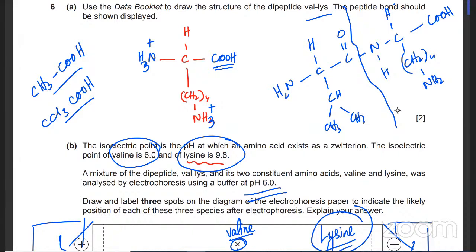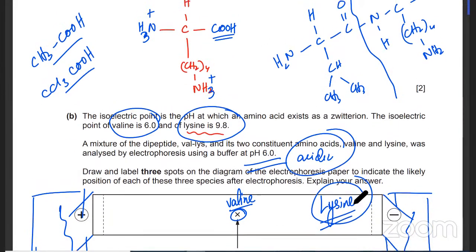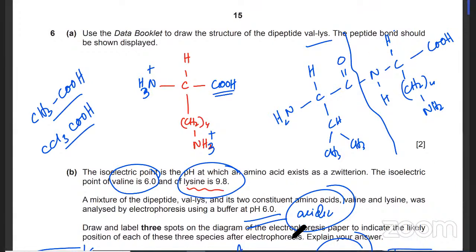Since the pH is 6, they didn't give us the isoelectric point. So I'm just going to assume that the solution is acidic, because they didn't give the isoelectric point of this third molecule, but they told us that the electrophoresis is happening at pH 6.